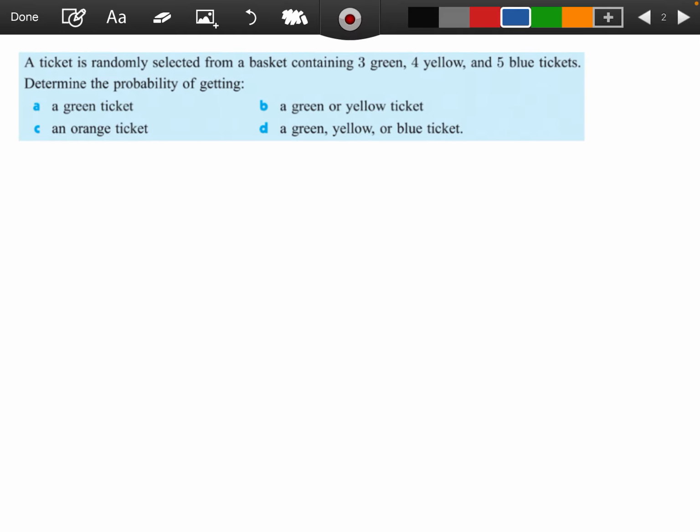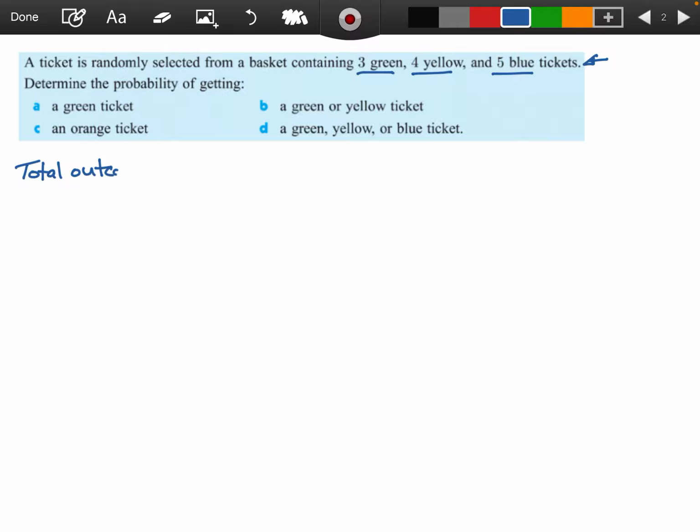In this first example, we have a ticket randomly selected from a basket, and that basket contains 3 green, 4 yellow, and 5 blue tickets. We're going to determine the probability of getting a different assortment of possibilities. The first thing that we're going to want to do, once we recognize that each of these tickets has an equal chance of being drawn, is figure out the total outcomes.